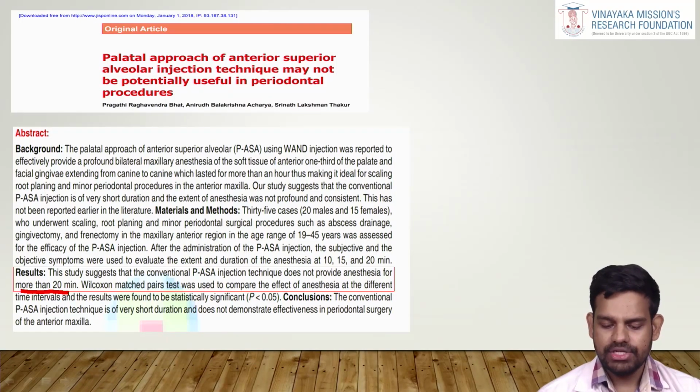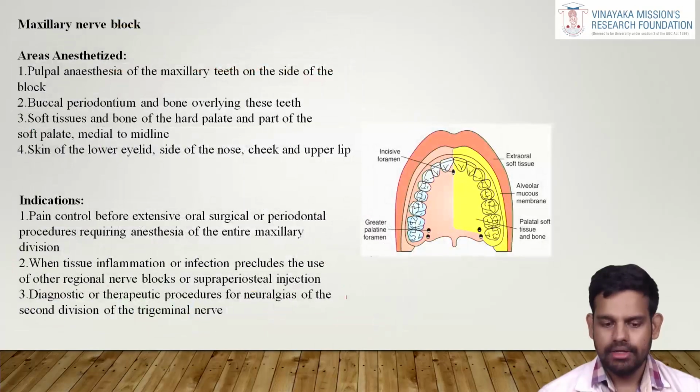So, it is of very short duration and does not demonstrate any effectiveness in the periodontal surgery of the anterior maxilla. So, we have to go for conventional anterior superior alveolar nerve block when we are performing periodontal surgery of the anterior maxilla. Coming to the maxillary nerve block, here we have seen the branches of the maxillary nerve.